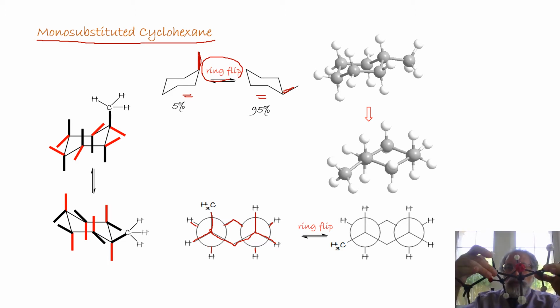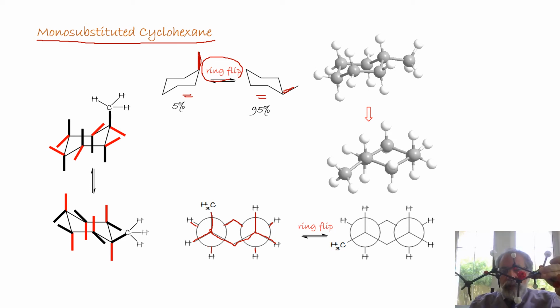If we look at the molecule from this side, these two carbons here and that, and start drawing Newman projection, we will come up with CH3 here, and we see that the two in the back are anti, and this is more stable, of course, than this one, which has a boat-like structure.